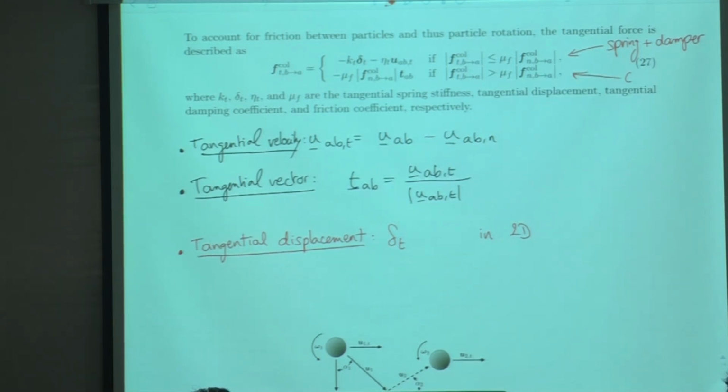That's the simplest way we can know this information. So in 2D, I will compute this, which is then a vector, by integrating the relative velocity from the beginning of the collision to the end of the collision. So this is the beginning of the collision.